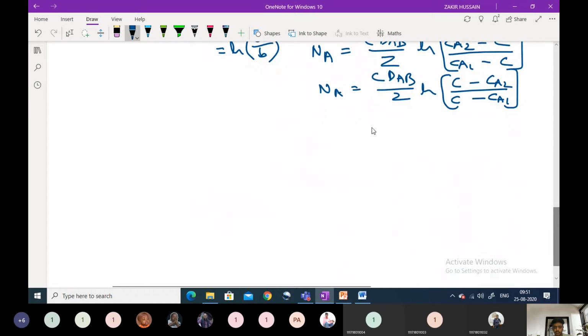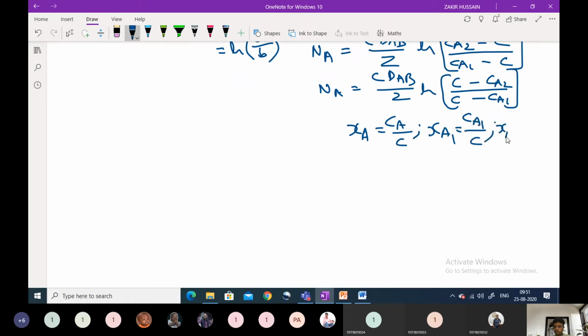Here we already know XA is equal to Ca by C. Similarly, XA1 is equal to Ca1 by C, and XA2 is equal to Ca2 by C. So in this equation, within the ln, divide by C, the total concentration. Within the ln only we have to perform that operation.